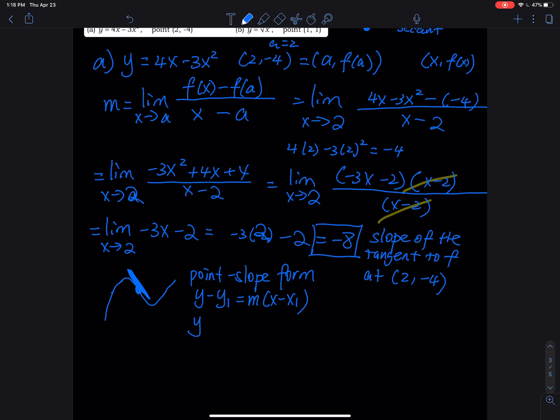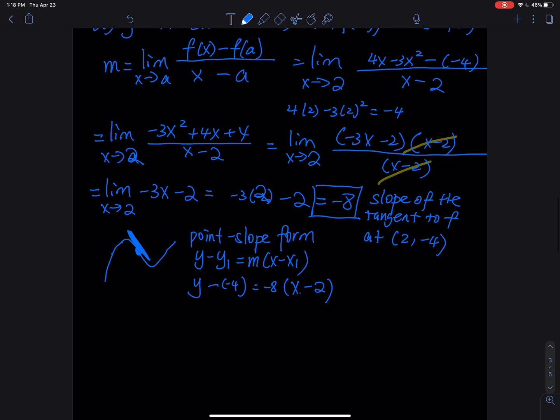So y is just any y value, subtract y1, which is negative 4, and the slope is negative 8. x is just x, and then x1 is equal to 2. So you have y plus 4 equals negative 8 times (x minus 2). So this is y equals negative 8x, and then you plus 16, minus 4.